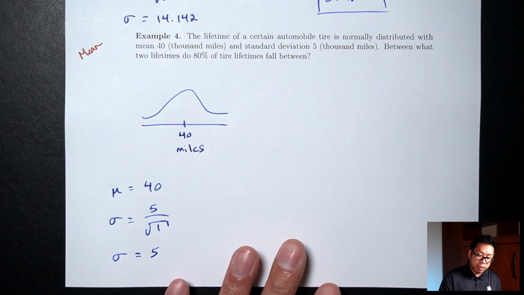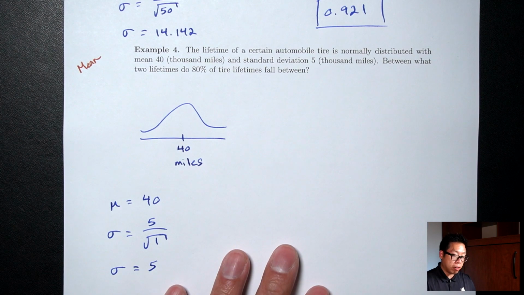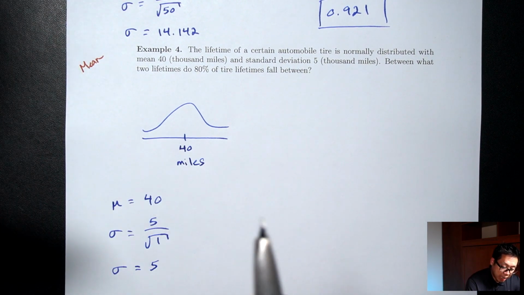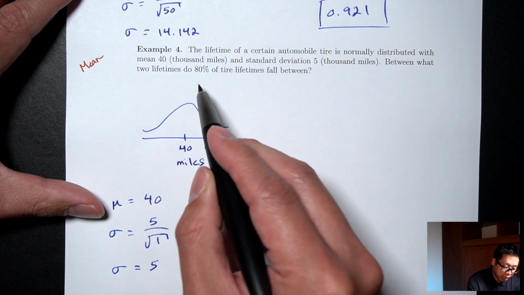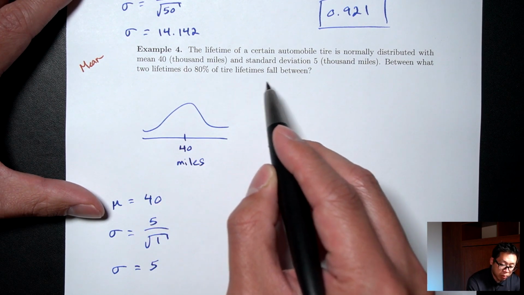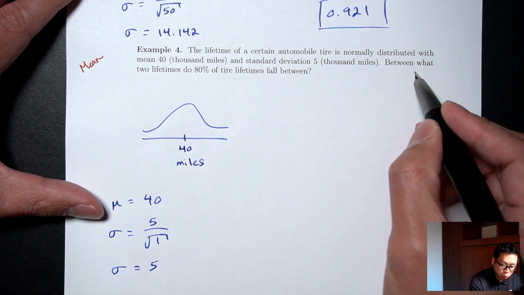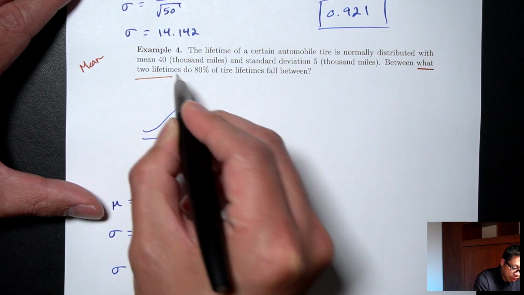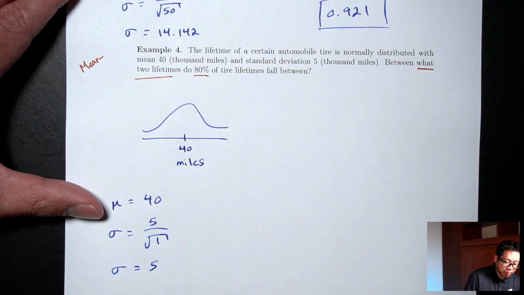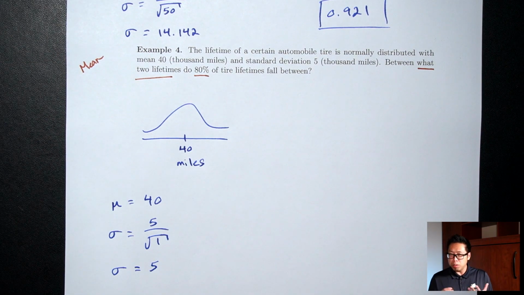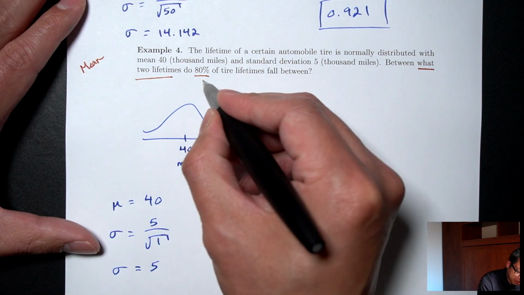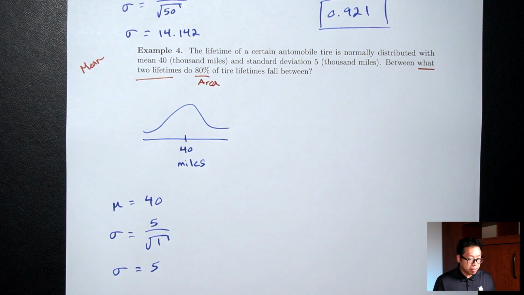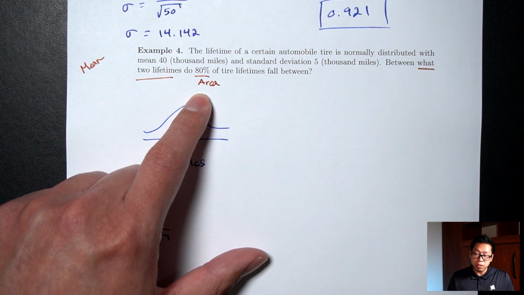Next thing I need to decide is, is this an x to area or an area to x question? So looking at the last sentence, between what two lifetimes do 80% of tire lifetimes fall between? So it says what two lifetimes? And I also see this 80%. Okay, percents, one of those P words, that's an area. So one way to think about this is I'm giving you an area to start.